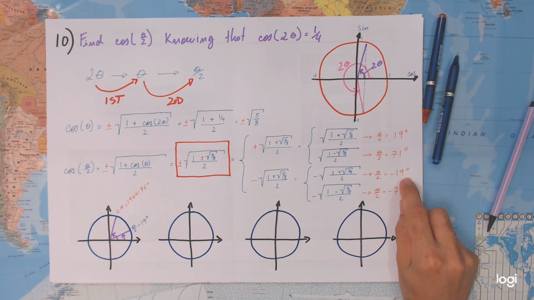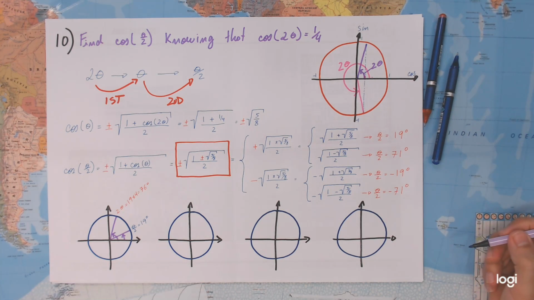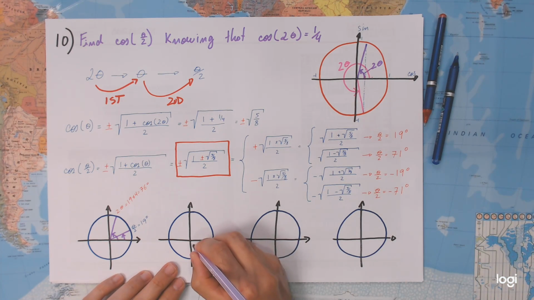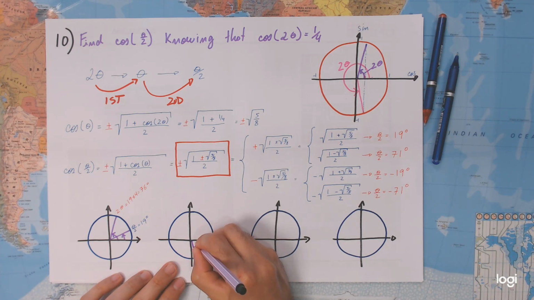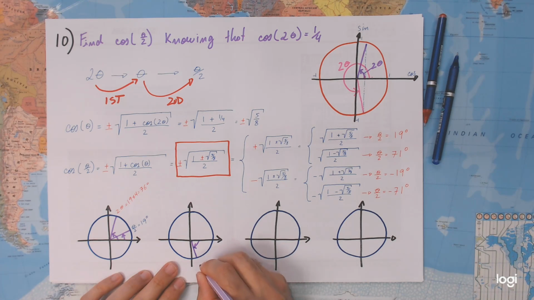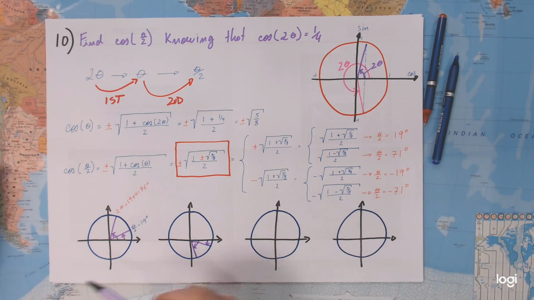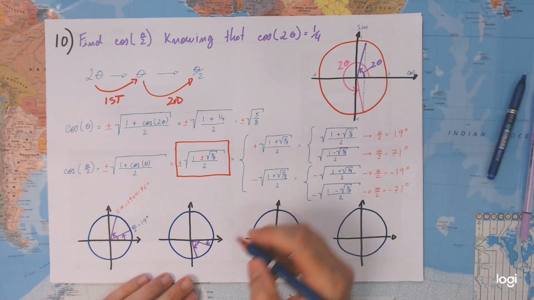negative 19 degrees, and for negative 19 degrees what are you going to get? We're just going to get the same thing, but in the opposite direction in here. This would be 2 theta, and this would be theta over 2.